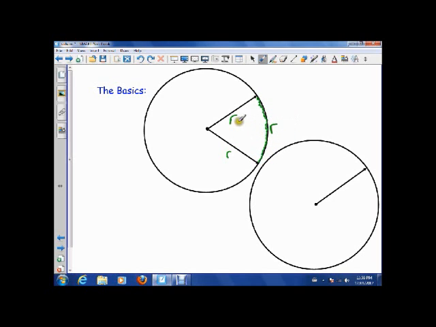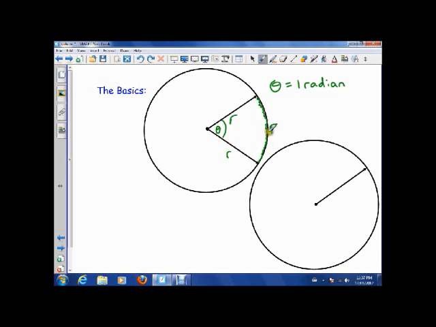If I pick an exact angle so that this distance is the same as the radius of the circle, that angle is what we call 1 radian. That's why it's called a radian: if you turn through one radian, the distance you travel along the circle is the actual radius of your circle.